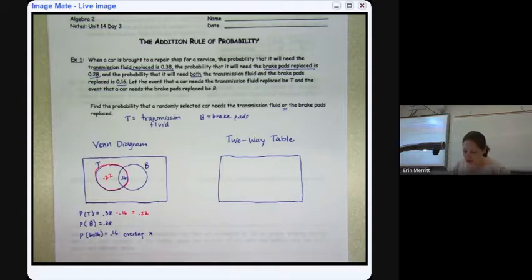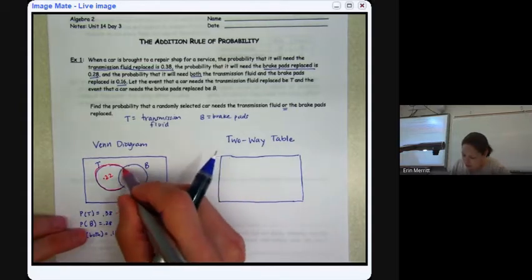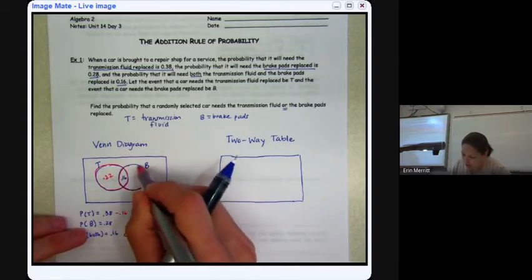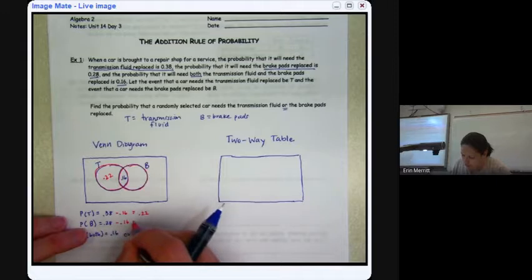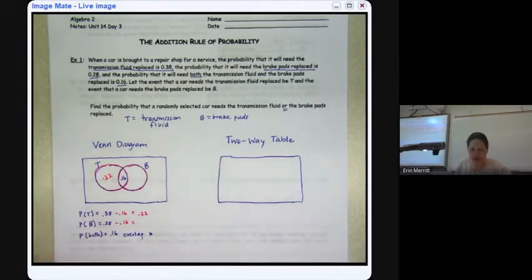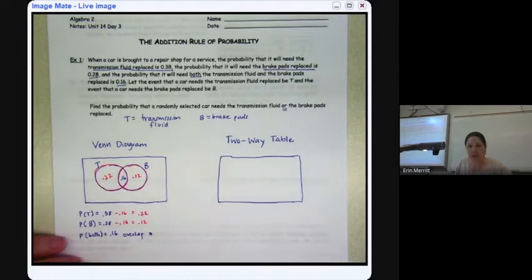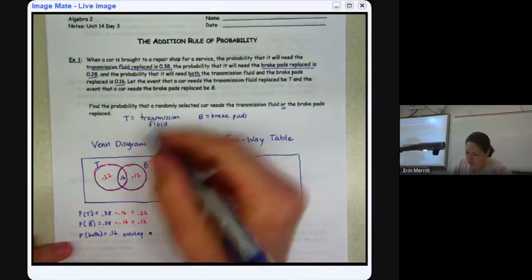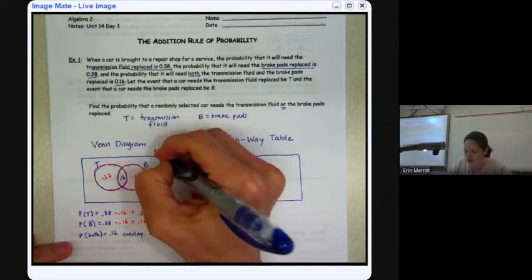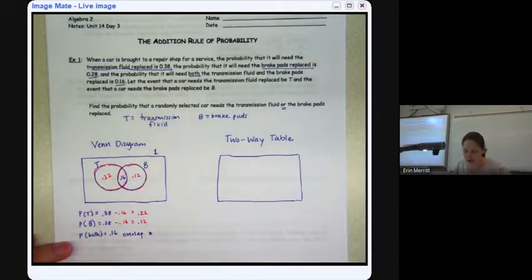Then do the same thing over here. When we say the probability of B is 0.28, that has to be the full circle. So remove the 0.16 that's already accounted for. You can grab your calculator if you need it, but that should be 0.12. The key detail with a Venn diagram is that the full diagram represents 1.0, because your probabilities should add to 1 total.